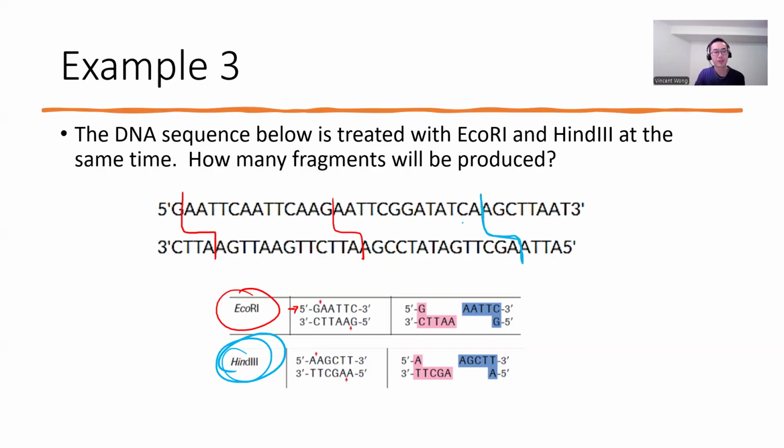So together, one cut, two cuts, three cuts, four fragments. One fragment, two fragments, three fragments, four fragments. If you take a strand of paper, do it yourself if you have a hard time visualizing. Count it: 3 cuts, 4 pieces.